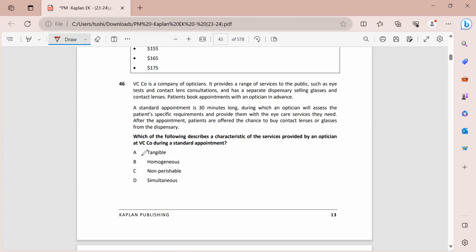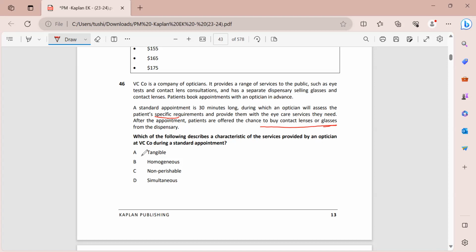The standard appointment is 30 minutes long, during which an optician will assess the patient's specific requirements and provide them with eye care services that they need. After the appointment, patients are offered the chance to buy contact lenses or glasses from the dispensary. Now, which of the following describes a characteristic of the services provided by an optician at VC during a standard appointment? Now, what is something that can be the characteristic?